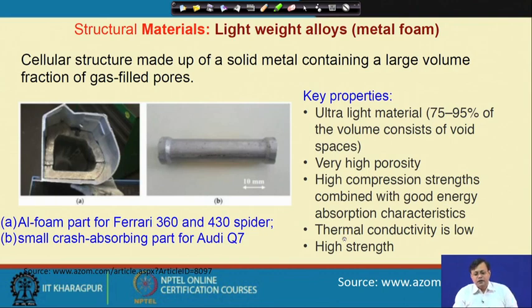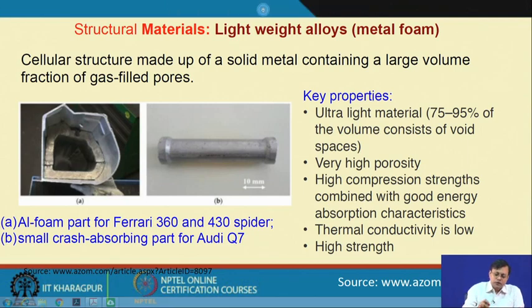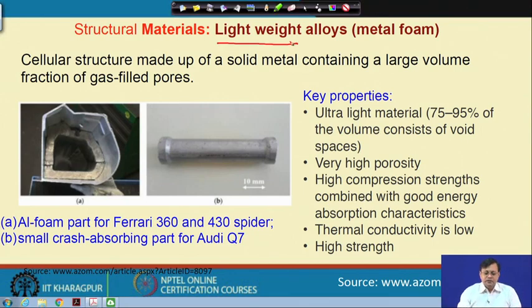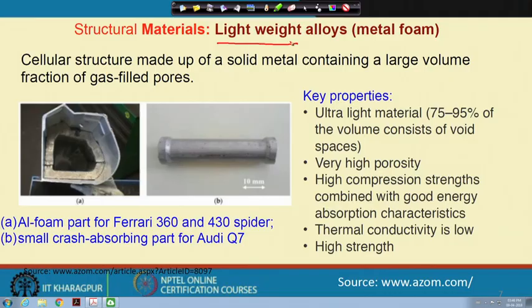Also, as I said, metal foams are very important to produce lightweight materials, which is basically a composite like microstructure with air bubbles in a metallic component. So, I show you two examples from the Ferrari 360 and 430.